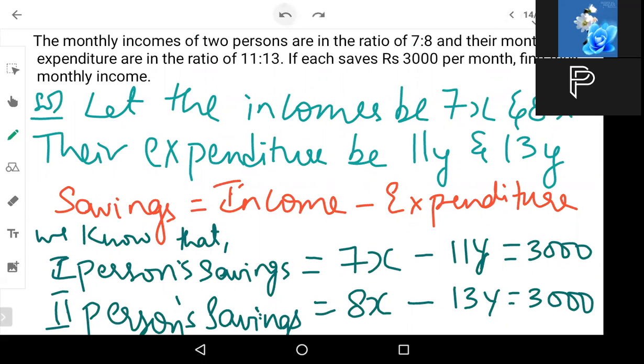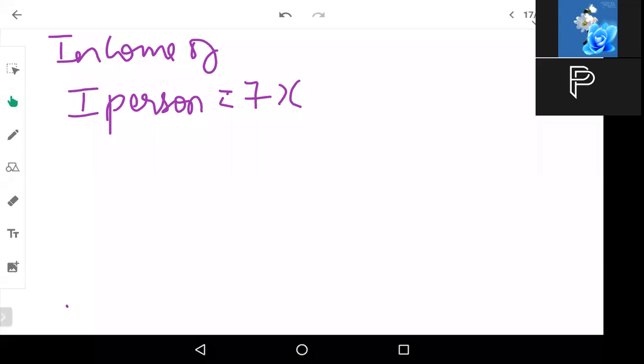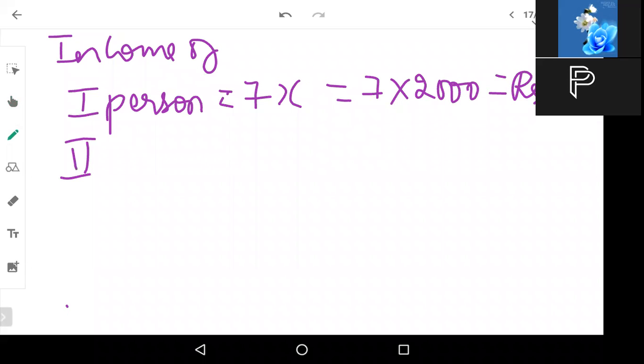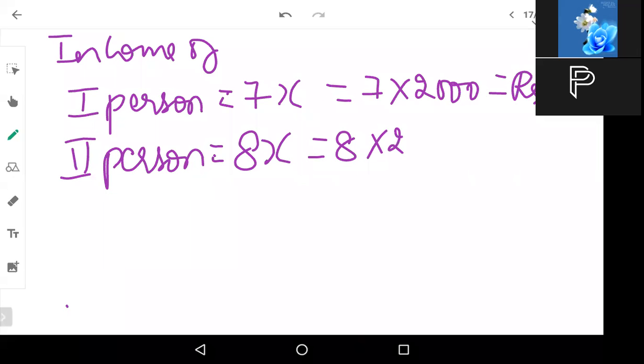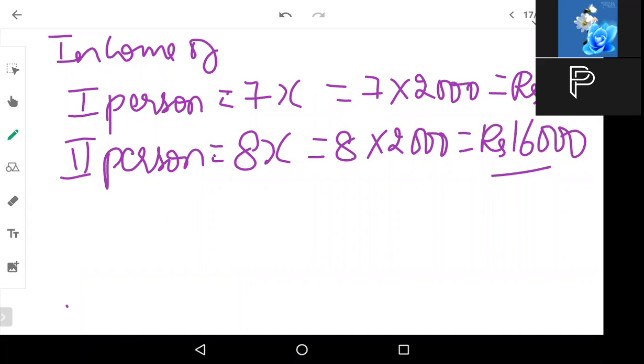Income is 7x, which is nothing but 7 into 2000, which is rupees 14,000. And income of second person is 8x, which is 8 into 2000, which is rupees 16,000. So this is our final answer.